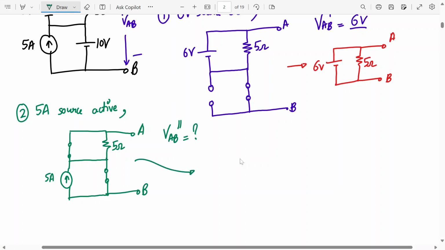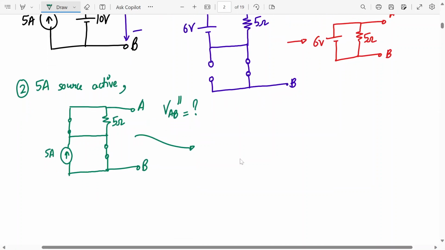So how does this circuit get converted? Can you tell me? Yesterday I discussed the important concept that anything parallel to a short is a short. So now can you tell me how much is the voltage VAB double dash? So this upper short makes this 5 ohm resistance redundant. Okay, so the upper part is replaced with a short circuit, whereas the lower one is also replaced with a short circuit, right?